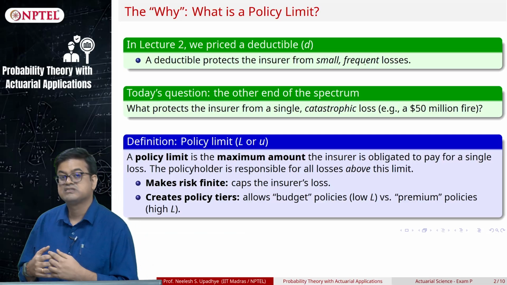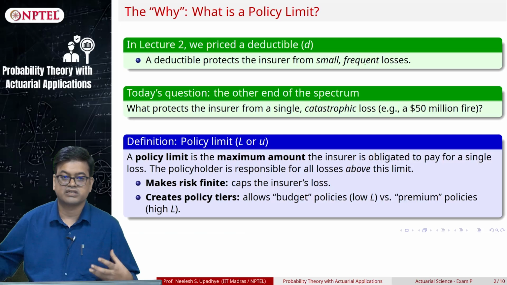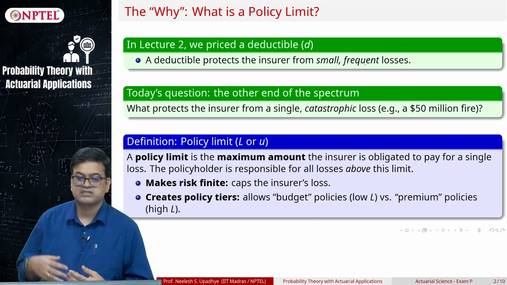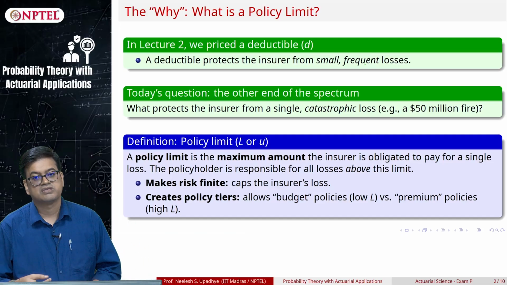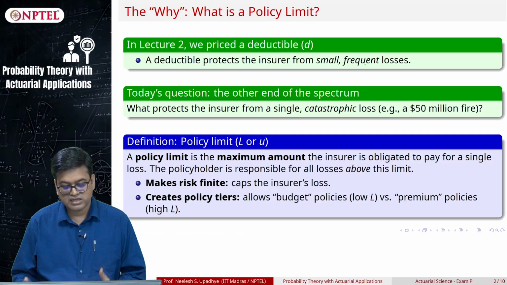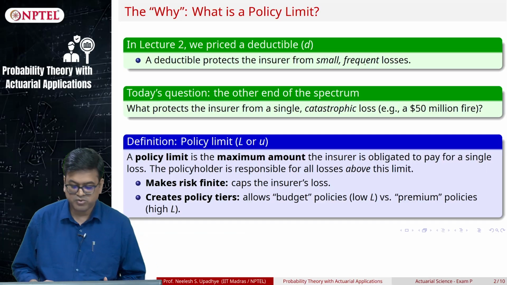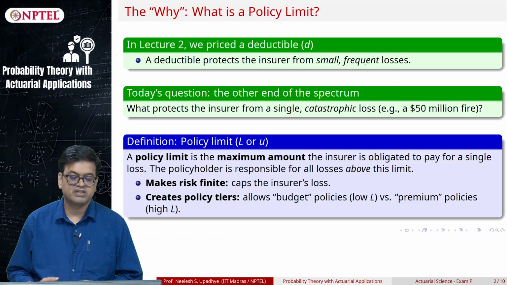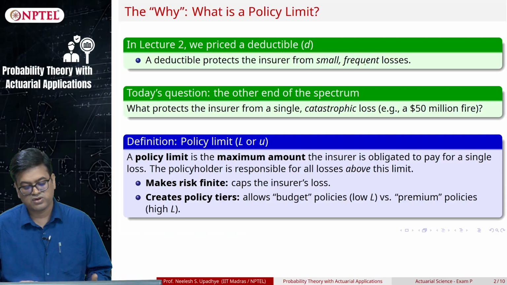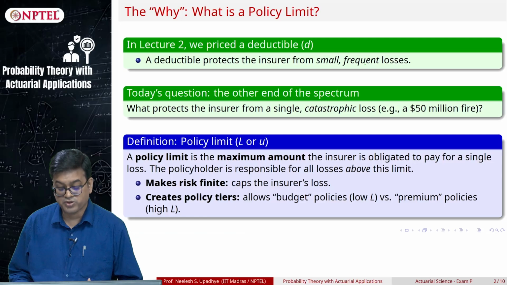How does it benefit the customers? Suppose somebody does not want infinite protection, but is happy with a certain protection. If you are giving a certain protection at a lower value, naturally your premium charges will be low. So, what this enables is creating policy tiers. We can have budget policies with a lower limit, say health insurance giving you 5 lakhs, which many people can opt for.